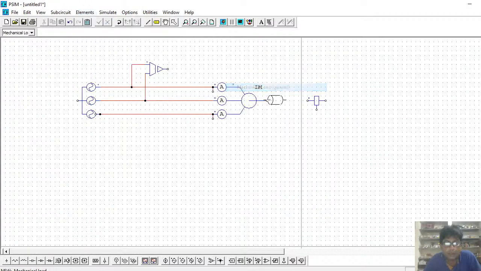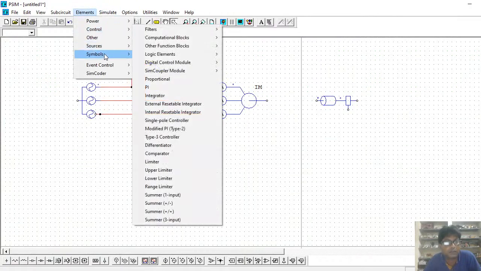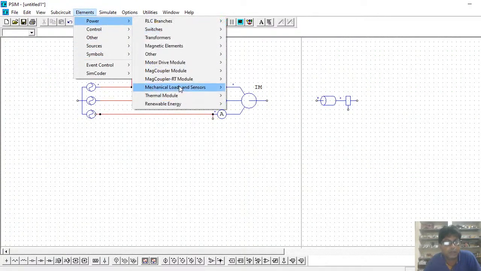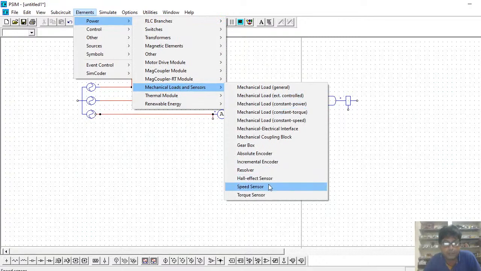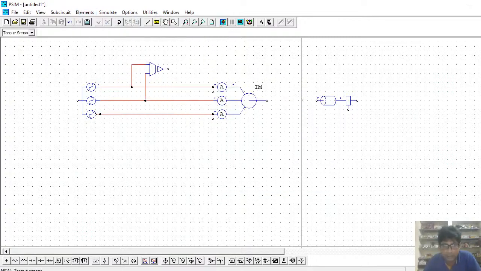this is the mechanical load. Now for the torque sensor, you can again go to power. This is the torque sensor. You can connect it here and join it.